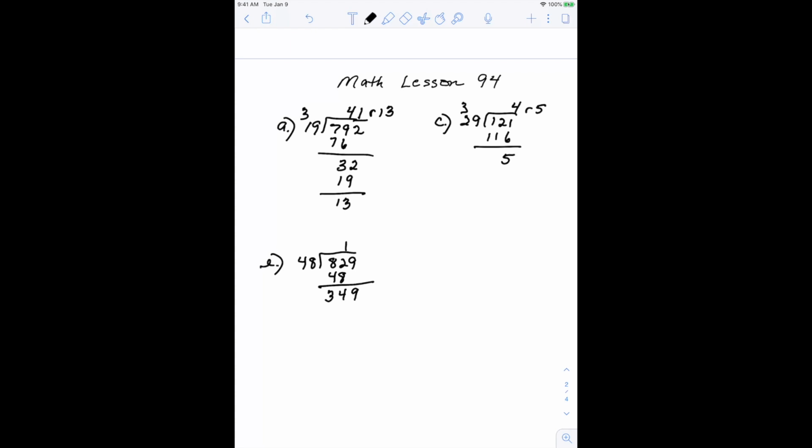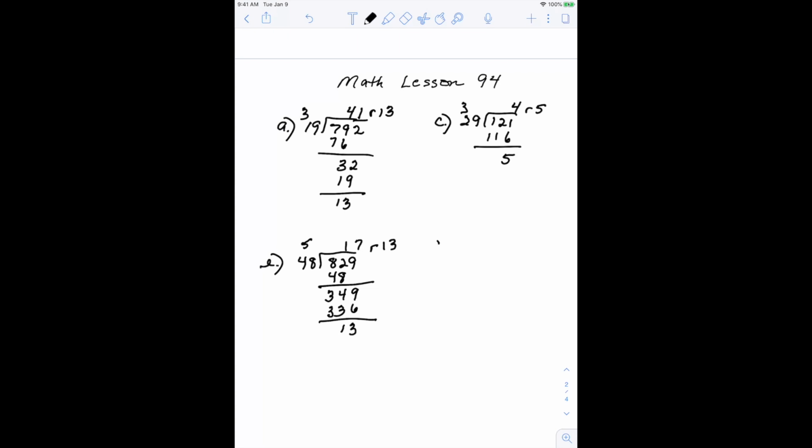Now 48 is almost 50, and 349 is close to 350. So let's think of 5 into 35, and that would be 7. So let's try 7. 7 times 8 is 56. Carry your 5. 7 times 4, and let's add that on, and we're going to get 33. Subtract, and we get a remainder of 13.